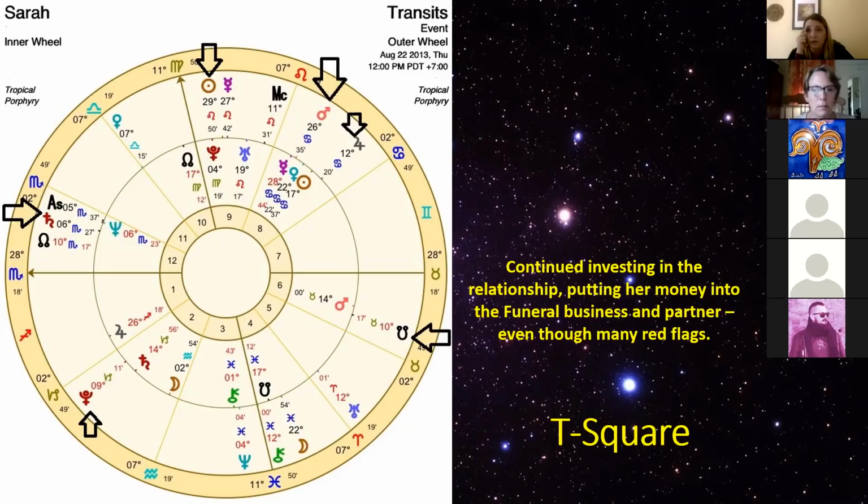This is going to influence your home environment, what you have as a home. So this is 2013. And also at the moment, the south node is just past your natal Mars at 14 Taurus on the other side of the chart. There could be more money being invested in the business at this point.